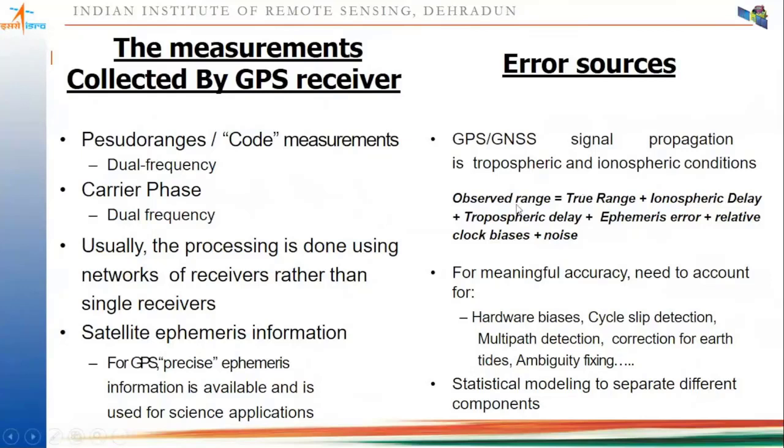So we know the observed range: the signal is transmitted at time t and received at time t1, so (t minus t1) is the time, multiplied by the velocity of light.